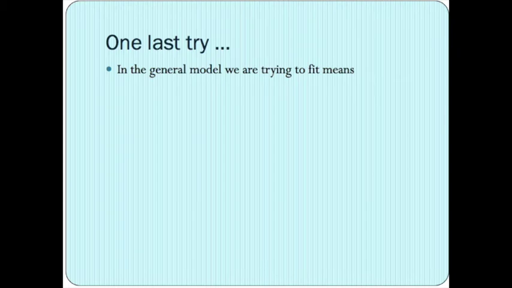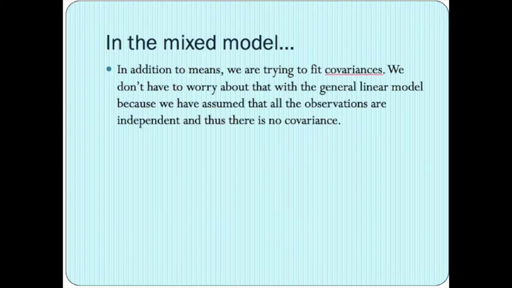So the mean predicted for the person with that profile is the same. We're trying to fit the means to a certain model. In the mixed model, in addition to means, we're trying to fit covariances. And we don't have to worry about that with the general linear model because we're assuming that all the observations are independent, and so by definition they have no covariance.